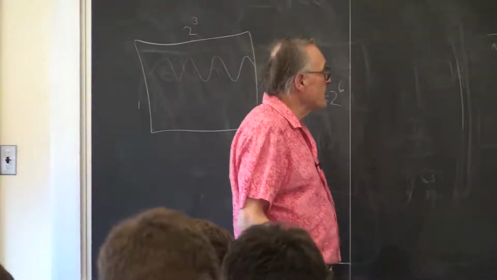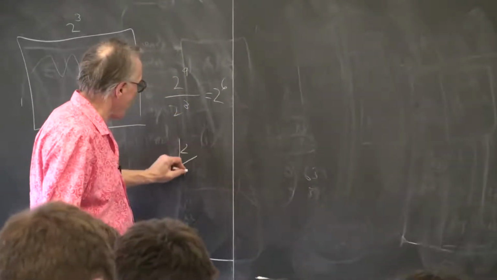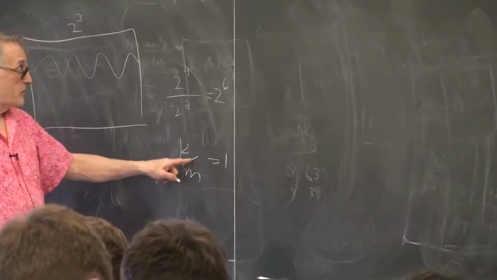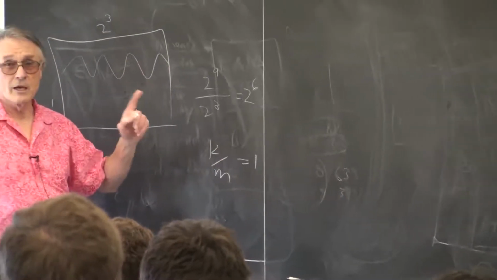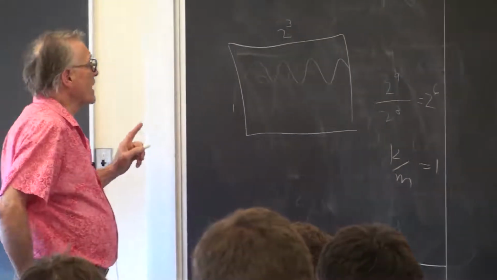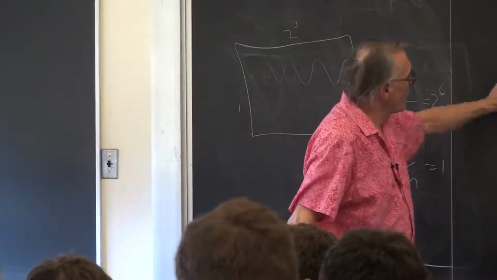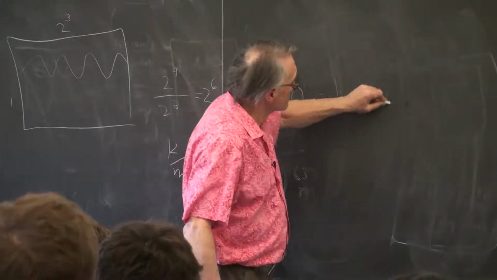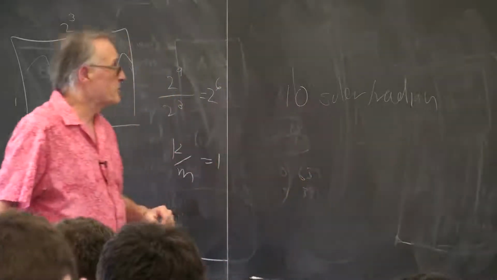So that would suggest that if you have a k over m equal to 1, which means 1 radian per time step, 1 radian per 2 to the 9th time steps. Let's see, so you want about 10 points out from the solver per radian, right? To the screen.